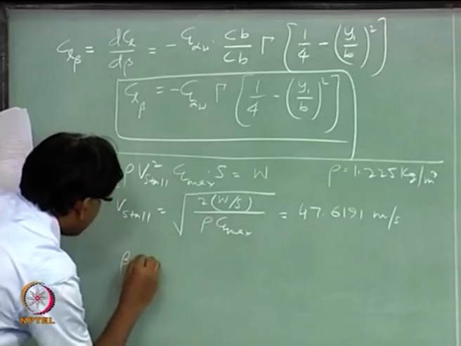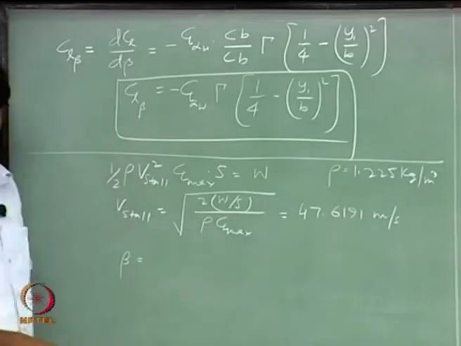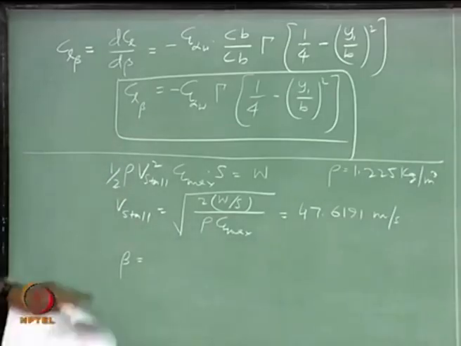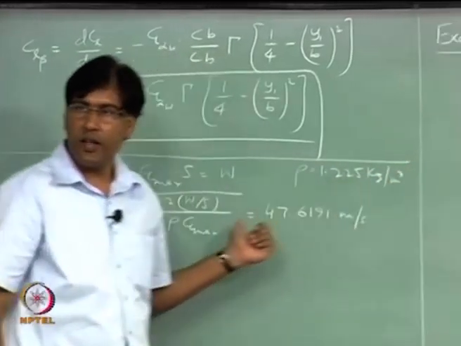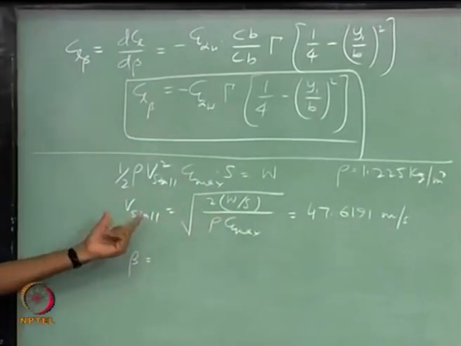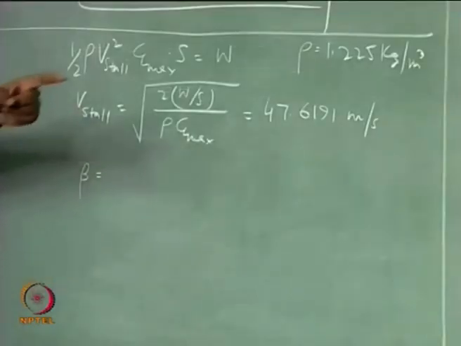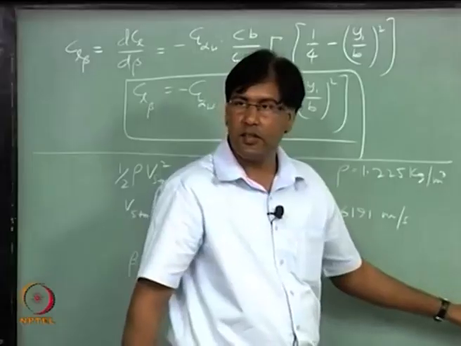So, side slip angle can be calculated using this crosswind speed and the V takeoff.